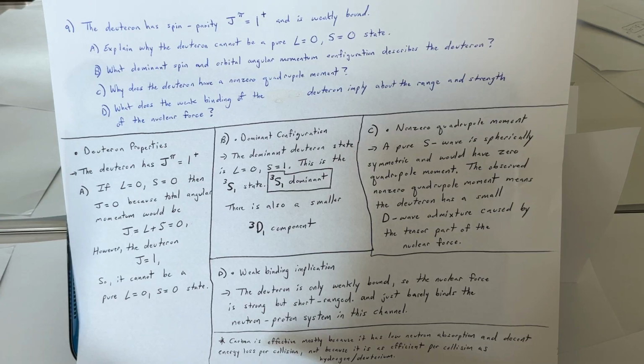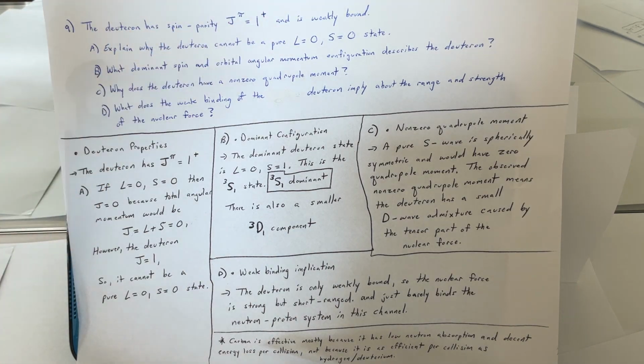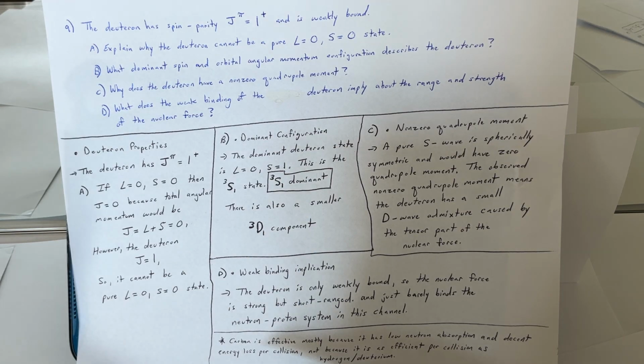Okay, number 9. The deuteron has spin parity J^pi equals 1+, and is weakly bound. Okay, so let's see what we have here. Explain why the deuteron cannot be a pure L equals 0, S equals 0 state.